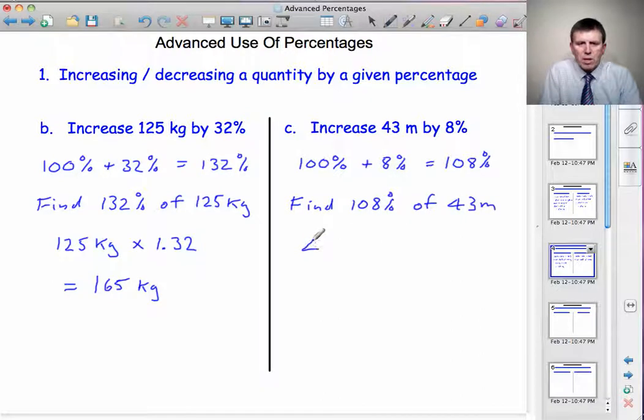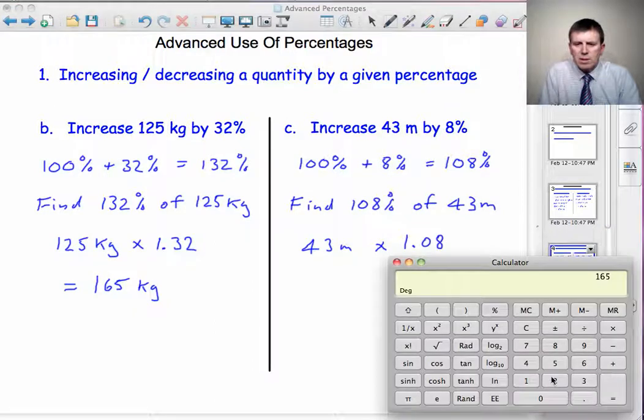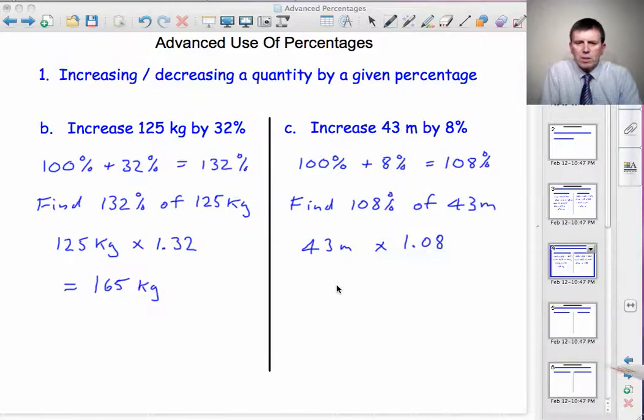So we get that by multiplying 43 meters by 1.08. 43 multiplied by 1.08 is equal to 46.44. So that's 46.44 meters.